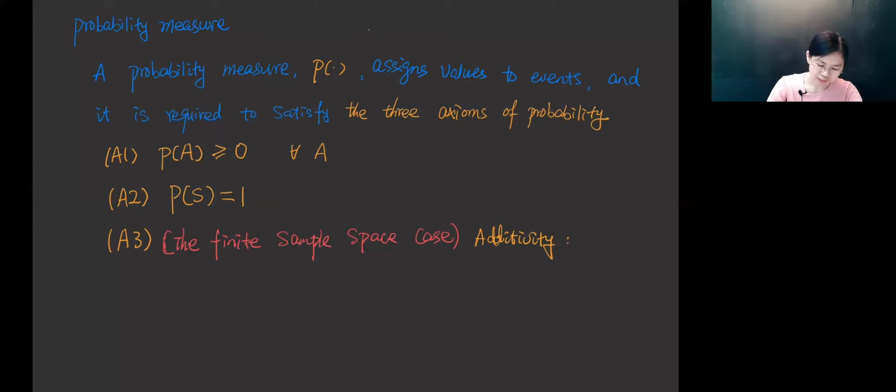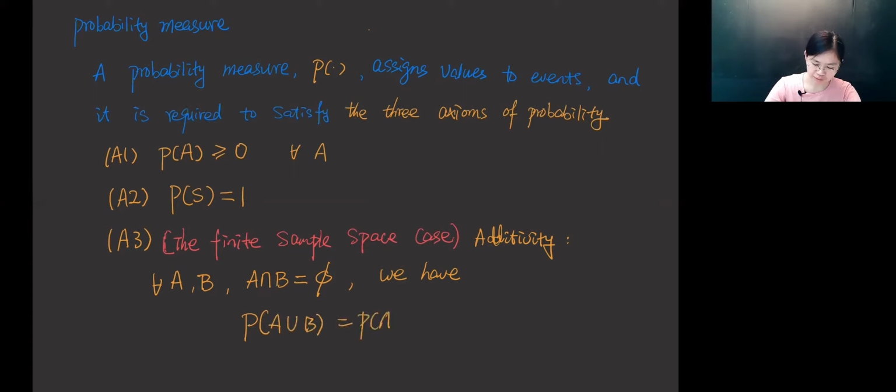It means for any pair of events A and B such that A and B are disjoint, we have probability of A union B equals probability of A plus probability of B. That's the probability measure is additive.